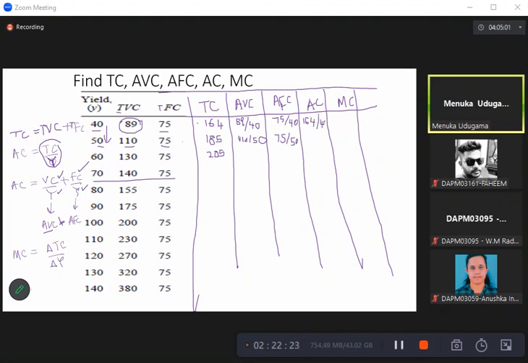You should get the same answer if you add these two together. Then this one, 185 over 50. Right? This cost divided by the level of output. What about the marginal cost?